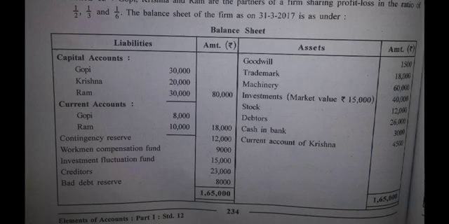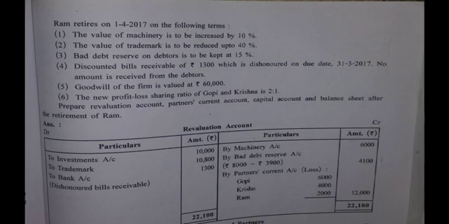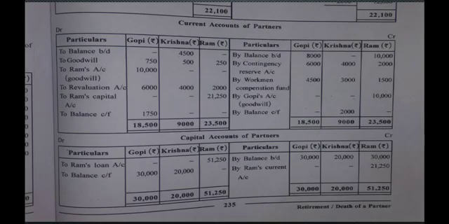on the liabilities side, there are capital accounts first of all. Yes, we have already written the opening balances of capital accounts in the partners' capital accounts. Here it is. On the credit side, you can see by balance brought down 30,000, 20,000 and 30,000.